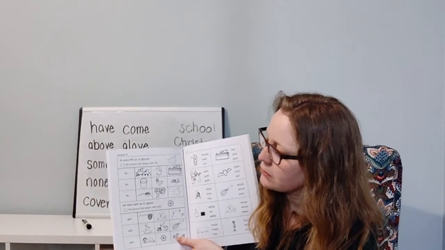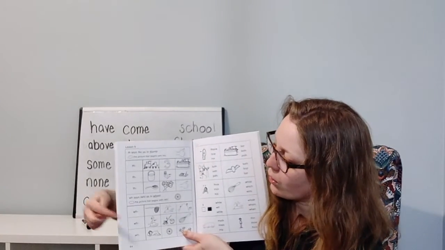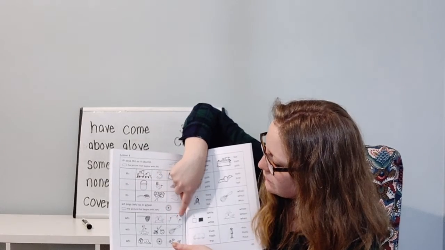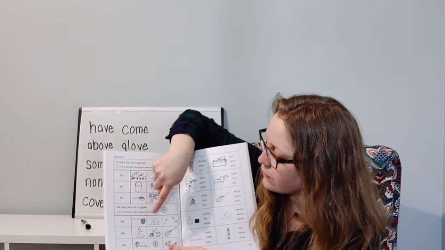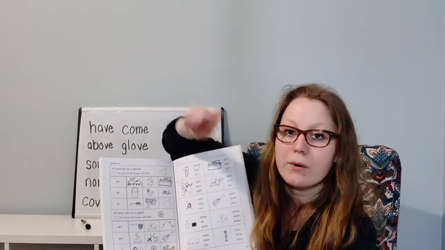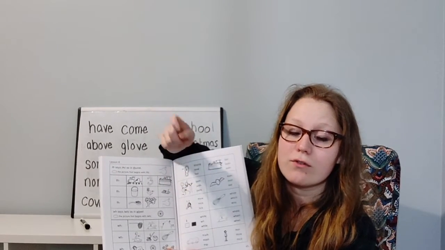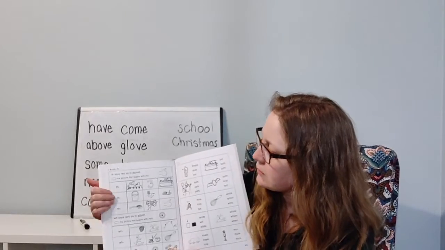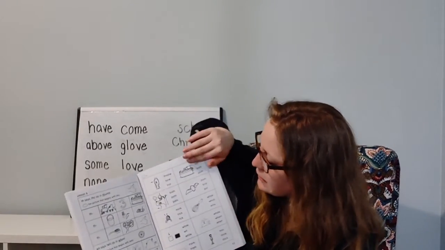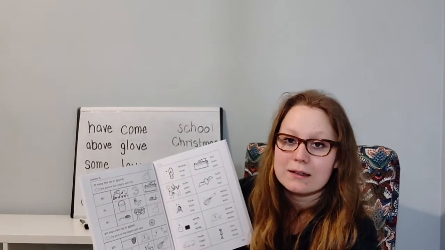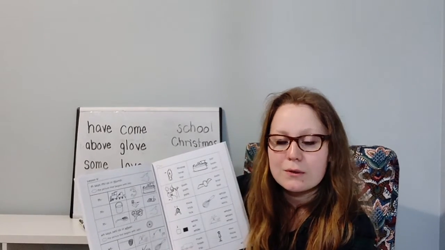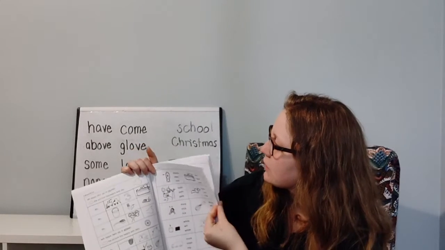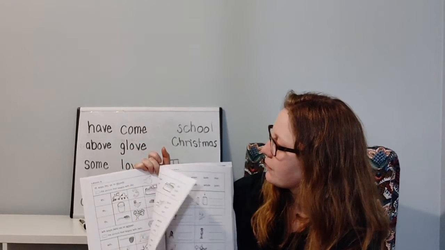On the bottom, you're going to circle the picture in the row that has the WH sound. So take a look at each of the pictures. See if you can figure out what they are, but only circle the picture for the word that has the WH sound down here, TH up here. On this side, I want you to take a look at the pictures, but circle the word that is the name for the picture.